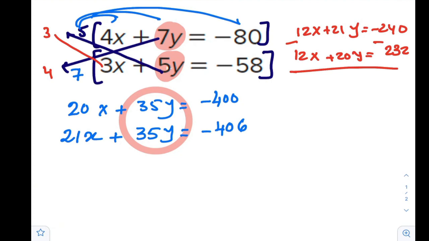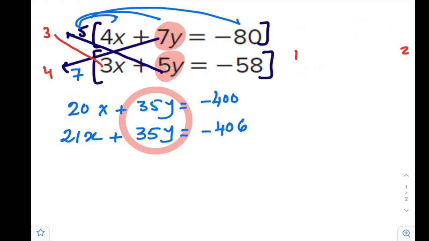In both cases, you will eliminate one of the variables. The first one, you will eliminate y. This way, you will eliminate x. Let's now focus on what we have reached here, and we will now subtract.